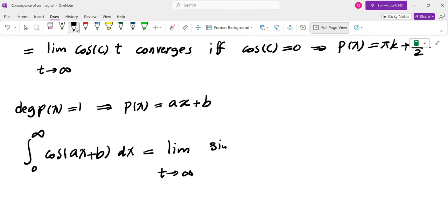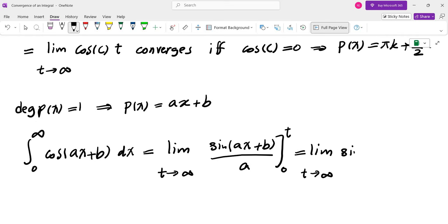Integral of cosine is sine, and then we're going to have to divide that by a, from 0 to t. And once we plug in t, we get something that oscillates. So we get sine of at plus b minus sine of b, which is just a constant, all over a. And because this oscillates, this limit does not exist.